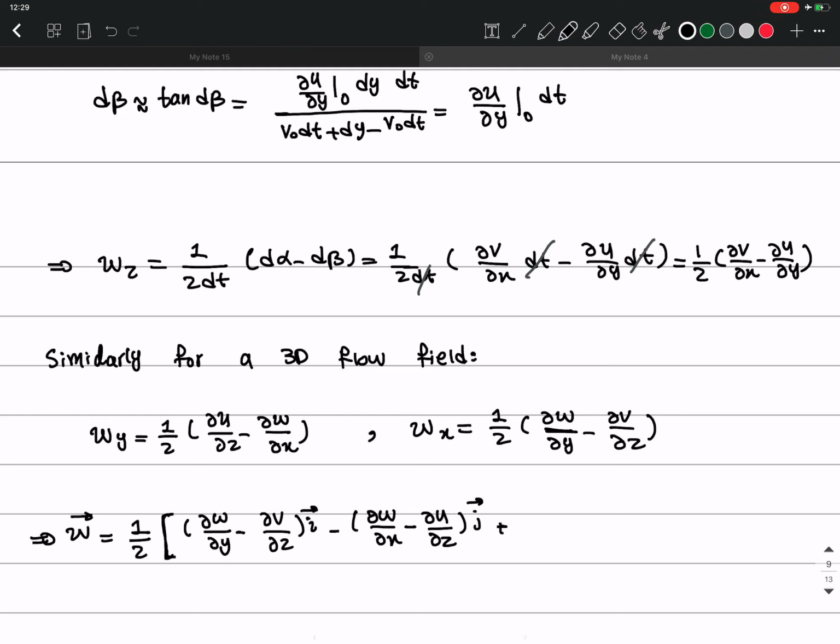And the last component is for k, in the z direction: partial v over partial x minus partial u over partial y.